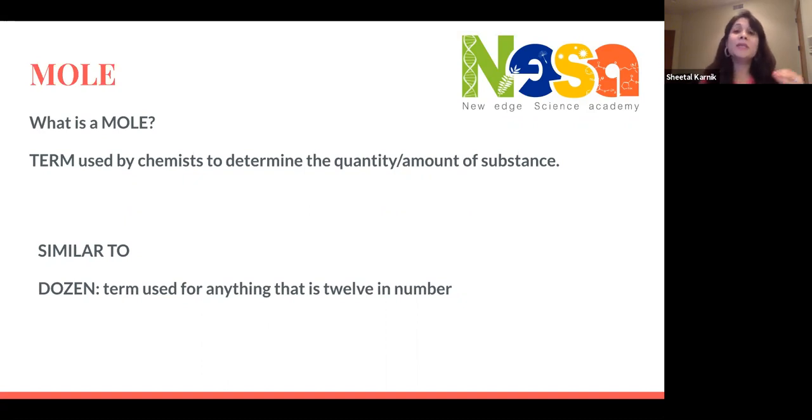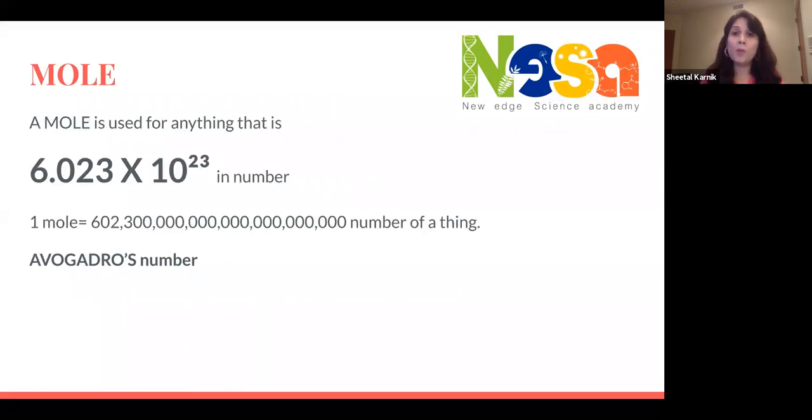Similarly, chemists use the concept of mole, and 1 mole of anything is 6.023 times 10 to the 23rd number of that particular thing. Similar to dozen, 1 dozen of anything is always 12 of that particular thing we are looking at.